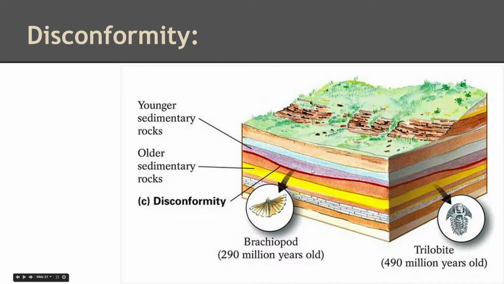From the purple layer to the orange layer underneath the red line, you're talking about a gap of almost 200 million years, which is a big jump in time, and that would be your disconformity. So it's the actual contact between the layers where that gap in time exists.